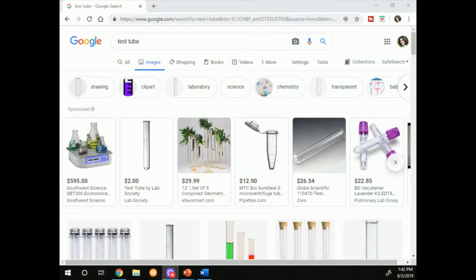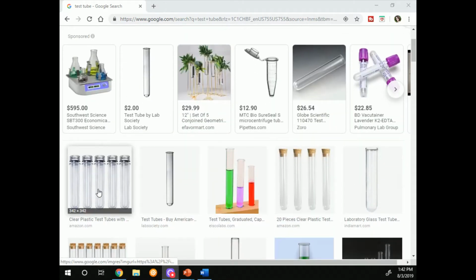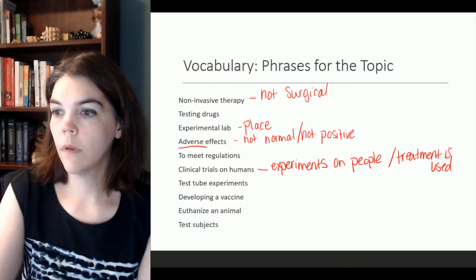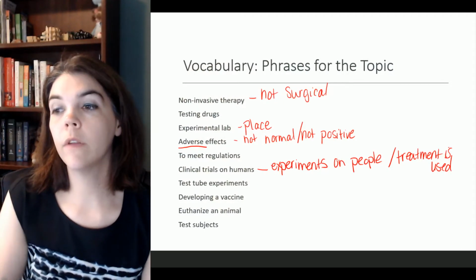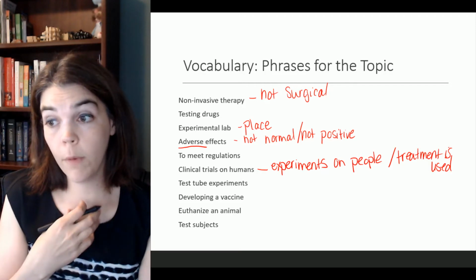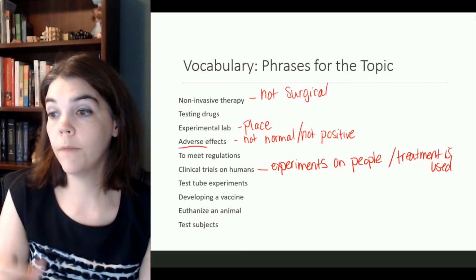So here's a test tube. All right. So some experiments are done in test tubes. We don't need animals to do them. All right. Developing a vaccine. Oh, that's a very good one. Some animal experiments are used to develop a vaccine.